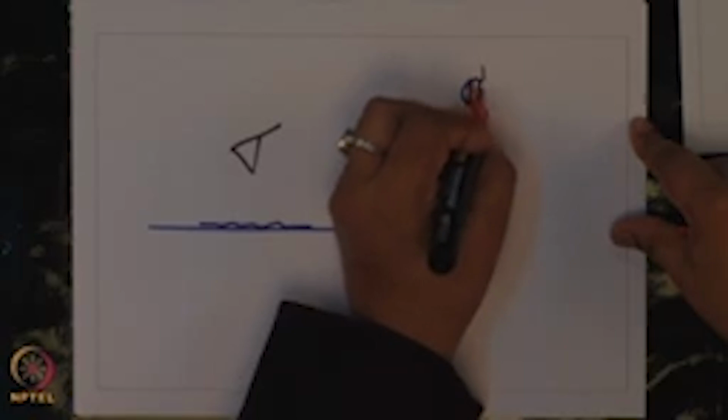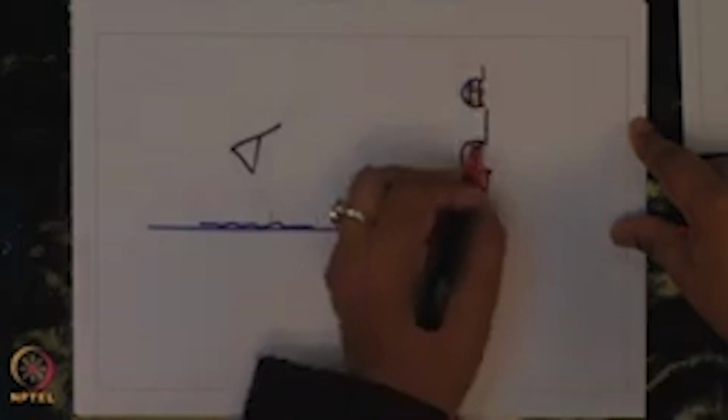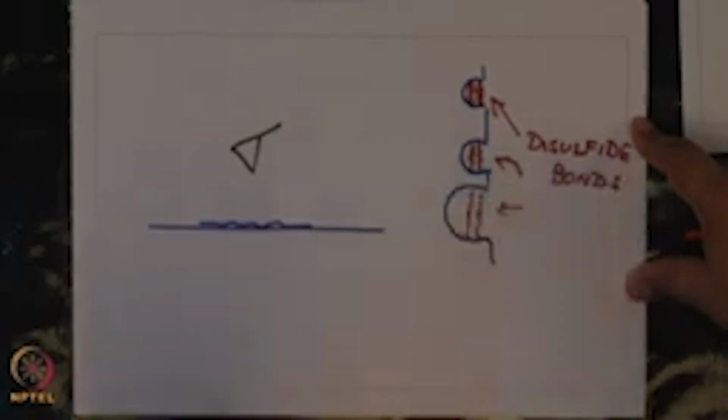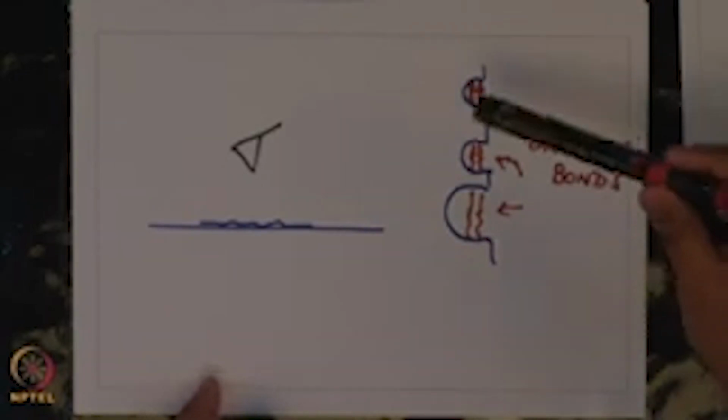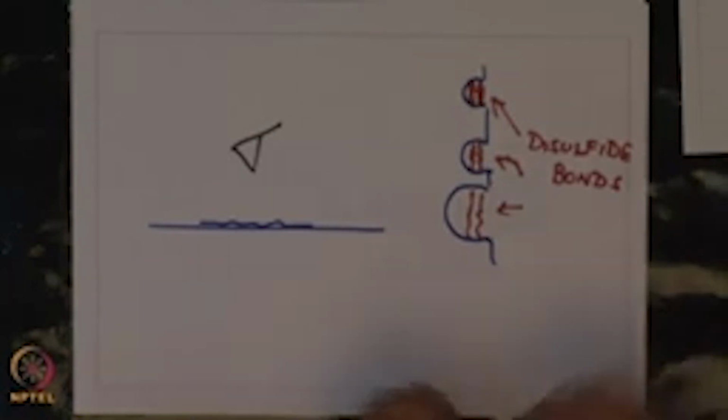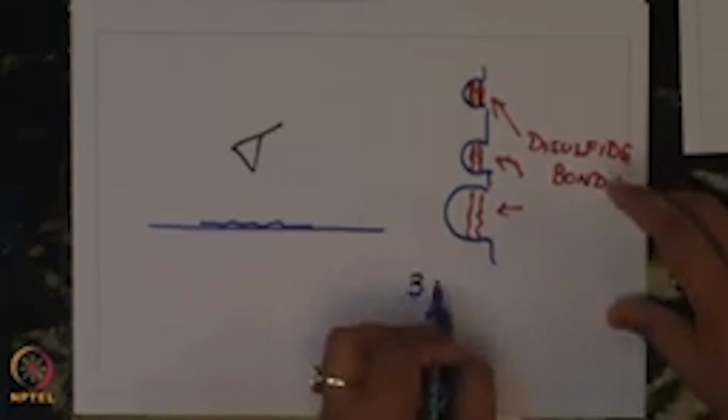And these are disulfide bonds. So, what I have drawn is an imaginary protein which has 3 folded domains.